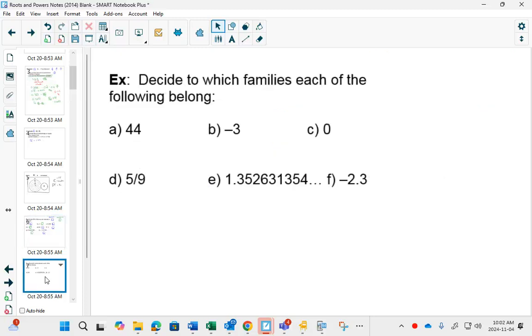Okay? Next, I'm going to put color code here.